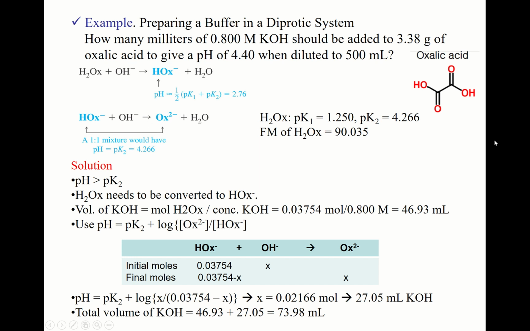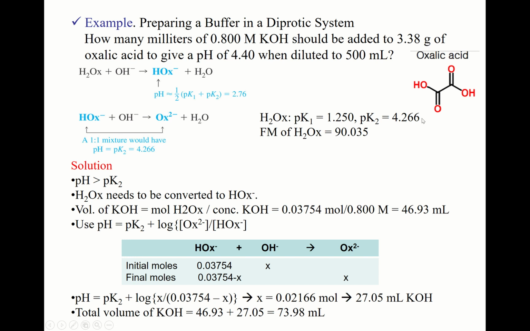So we have to look at the pK values for oxalic acid. pK1 is 1.250, so when you dissolve this, the solution is rather strongly acidic, because pK1 is very small. pK2 is 4.266.